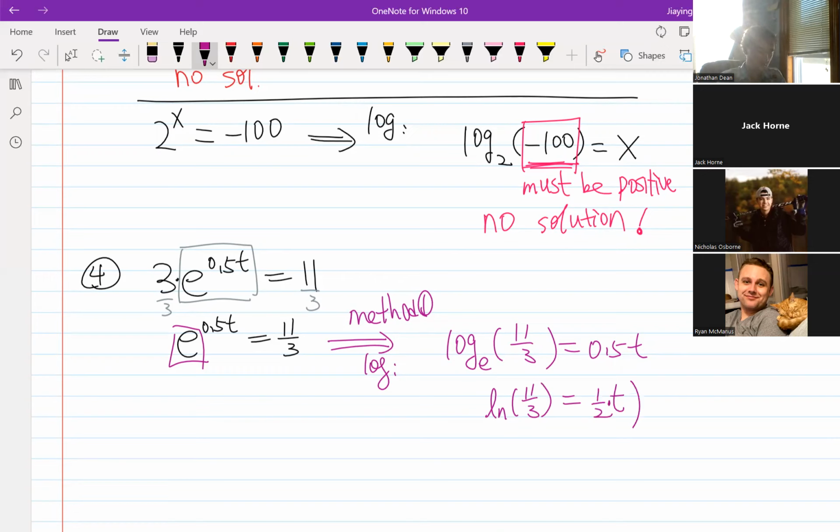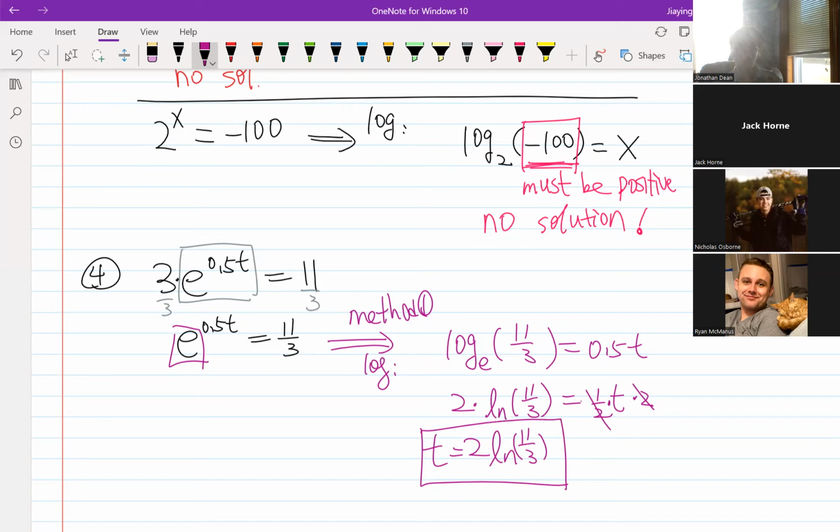So I get 2 natural log of 11 over 3, which is equal to t. That's how we get t. And I don't have a calculator to use. This is a perfectly acceptable answer. It's actually more accurate than the answer you get by plugging this into the calculator.